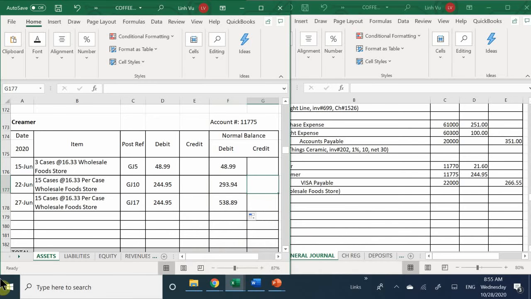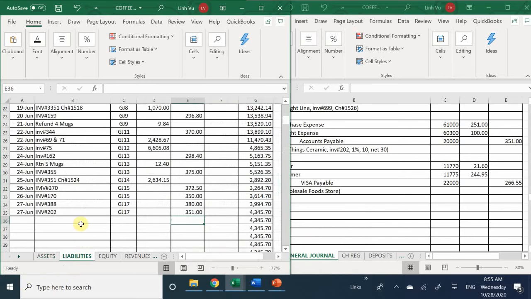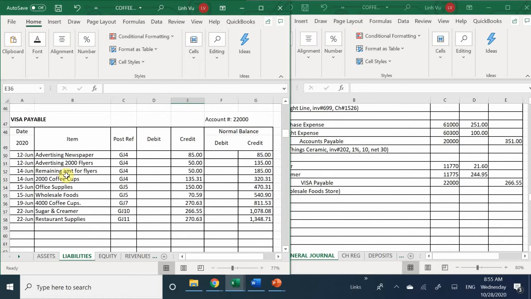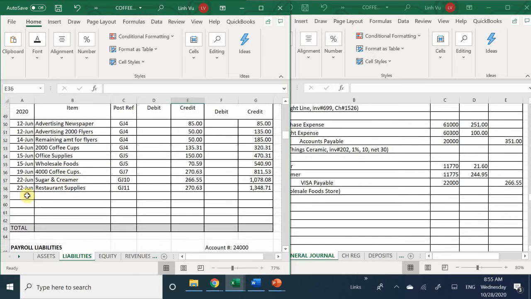And then we're gonna go to our liabilities. And we're gonna find Visa payable. The date is June 27th. And I put wholesale food. And then I put sugar and creamer.